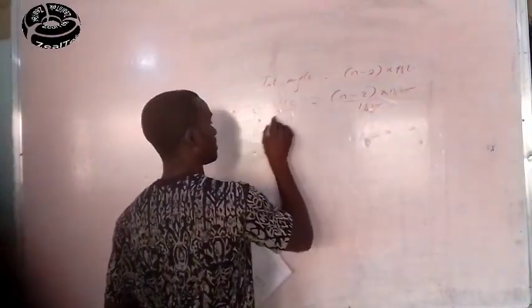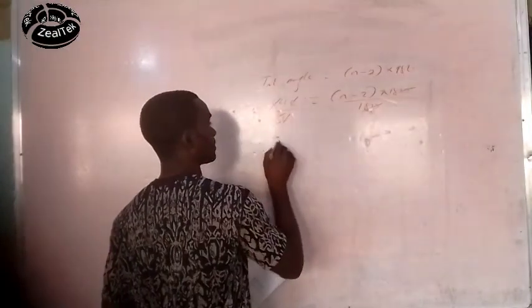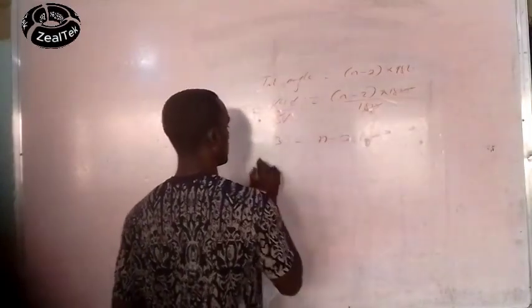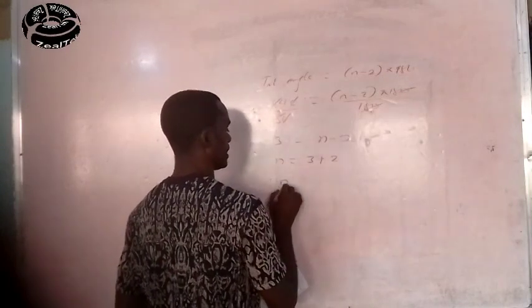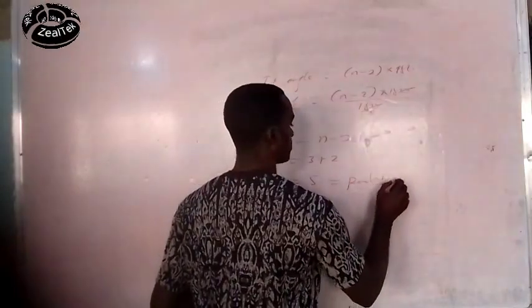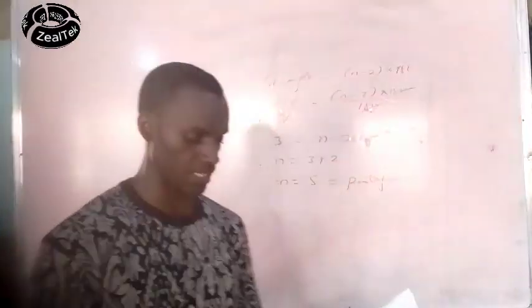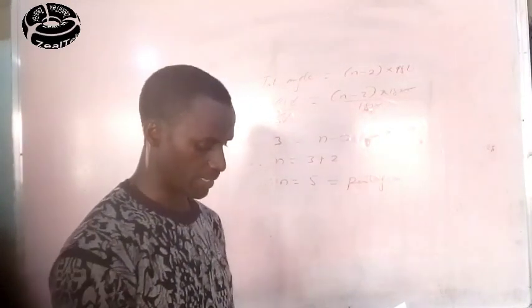This cancels this and this. We're going to have 3 equals n minus 2. Therefore, n equals 3 plus 2. So, n equals 5, which gives us a pentagon. The polygon has 5 sides and it is a pentagon. So the correct answer for this one is D.